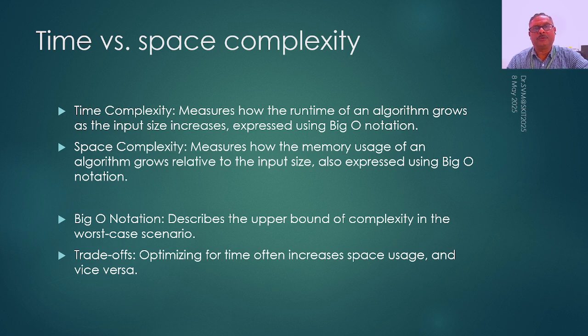Or if I try to control the space requirement, then the whole process slows down. So there is an inverse connection between the time and the space. If you try to reduce the time, space goes up. If you try to reduce the space, then time goes up.